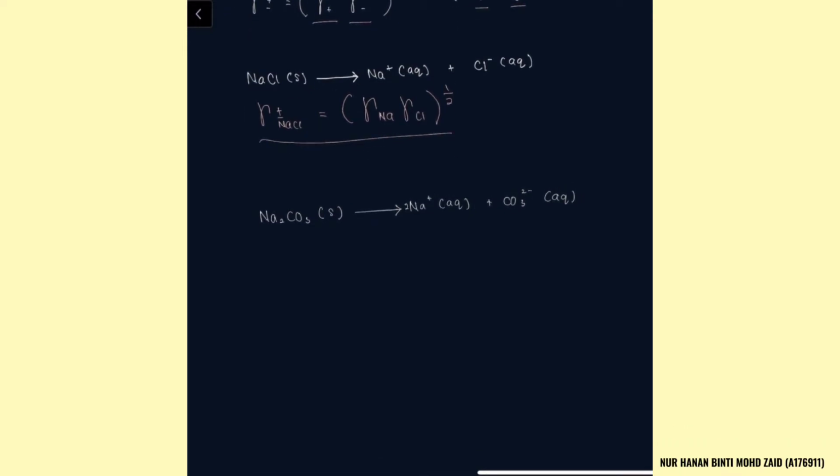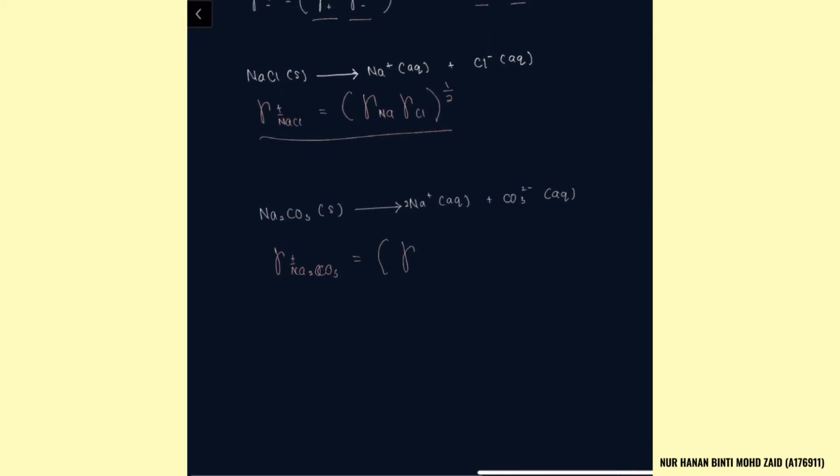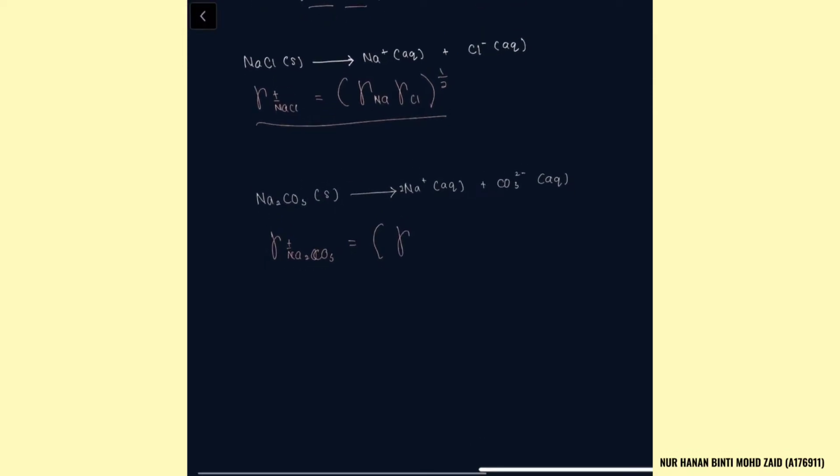And untuk Na2CO3, dia akan dissociate into 2 Na plus and CO3 2 minus. So kita boleh tulis mean ionic coefficient for Na2CO3 is gamma plus minus Na2CO3 is equal to gamma plus, which is the activity coefficient for positive ion, which is Na plus.